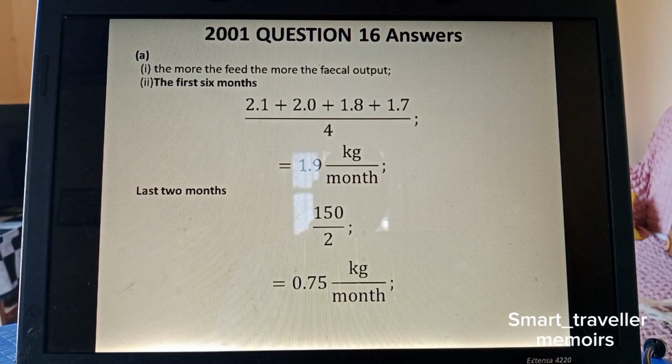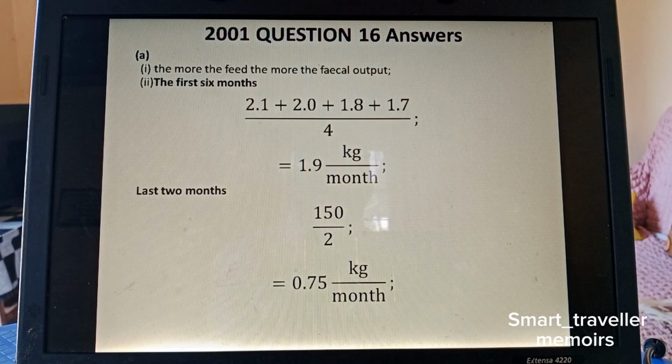So the working there, you just pick the data, you get a mark, and the answer, you get a mark. Last 2 months, 150 over 2, 0.75 kg per month. That is for group A.